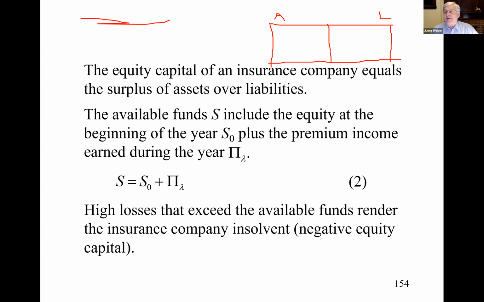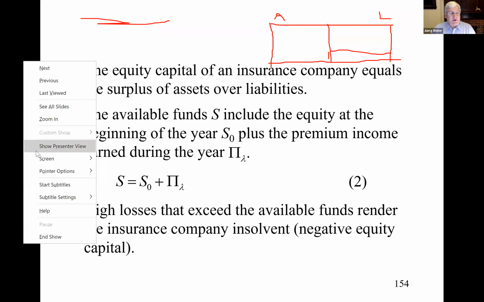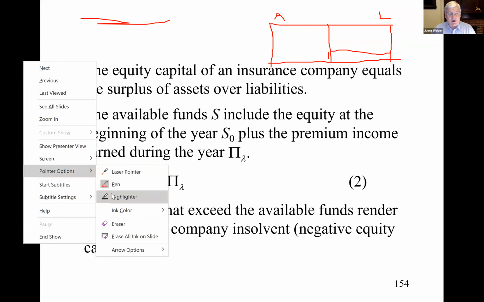And if the assets are bigger than the liabilities, then we have positive equity capital. Now that surplus of assets over liabilities belongs to the owners of the insurance company. Now, if it's a shareholding company, then it will belong to the shareholders. So the equity capital of an insurance company is the surplus of assets over liabilities, and we've invested quite a lot of time to show that in an earlier chapter.